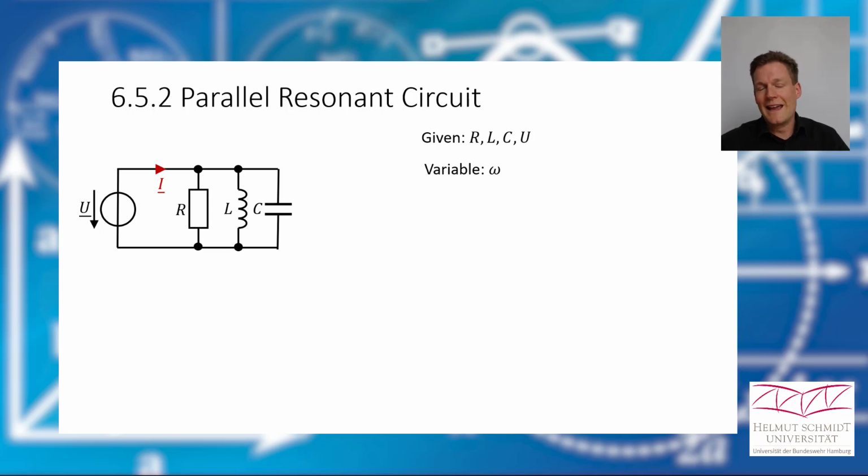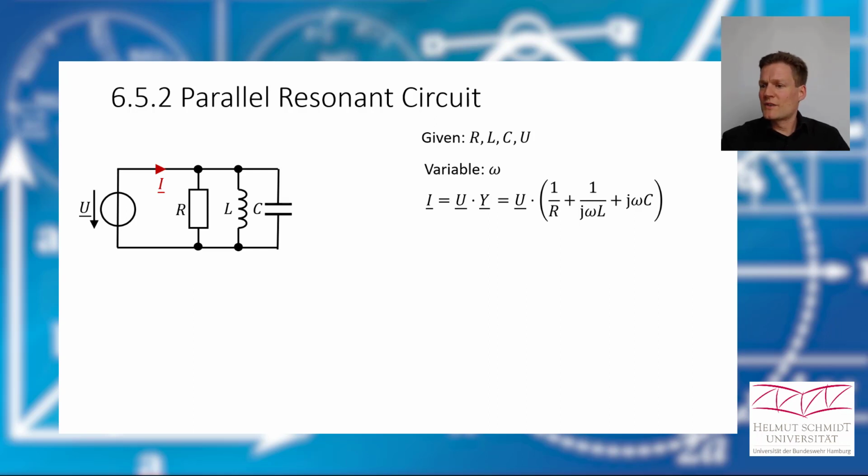Okay, we can calculate the current according to Ohm's law, with voltage times the admittance of our load circuit. And the admittance of a parallel connection is just the sum of the single admittances.